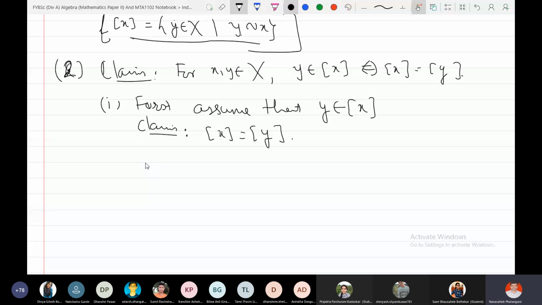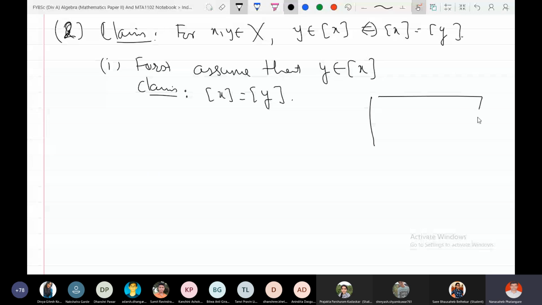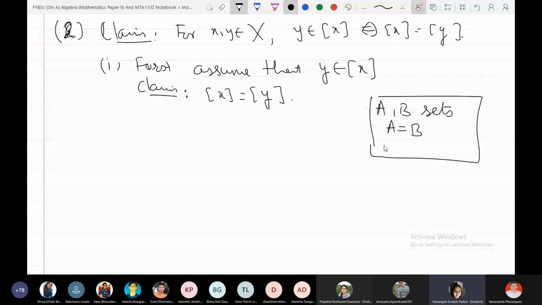Basically, classes are sets, right? When we say that two sets A and B are equal, the elements are the same. But we cannot say explicitly what the exact elements are.